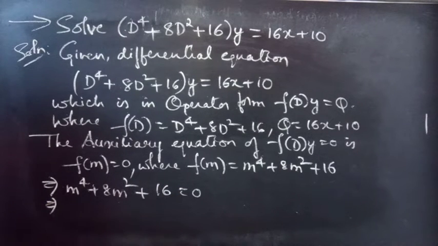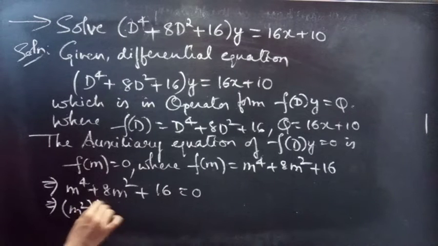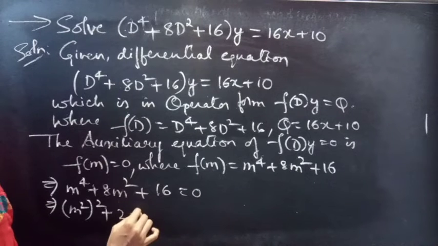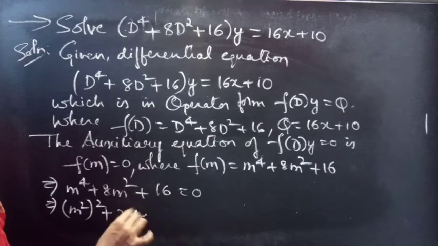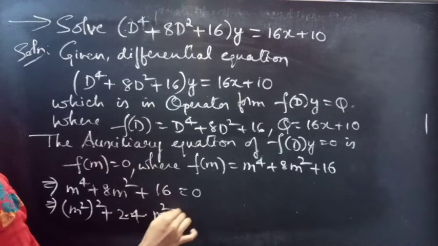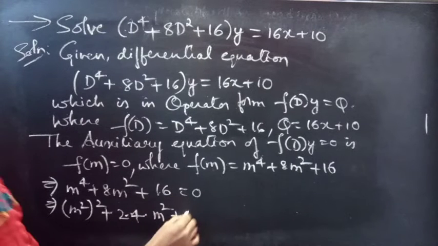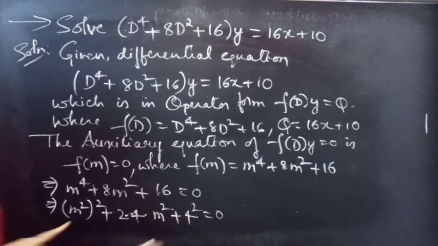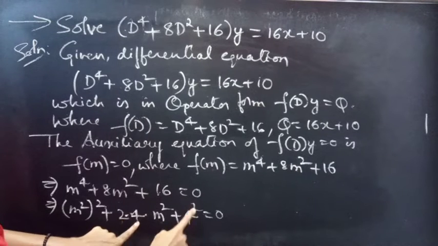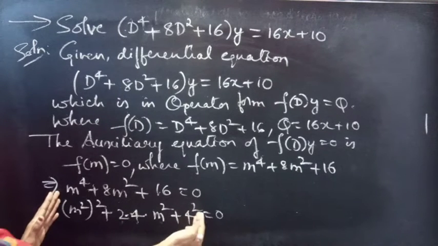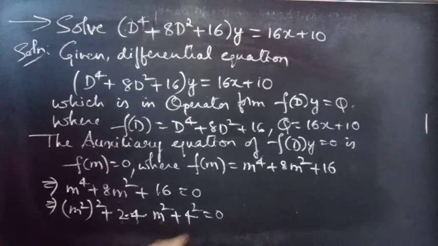Now we need to find roots. Let's write m^4 as (m^2)^2 plus, let's write 8 as 2 into 4 into m^2 plus, let's write 16 as 4^2. So this is of the form a^2 + 2ab + b^2, which is the expansion of (a + b)^2.